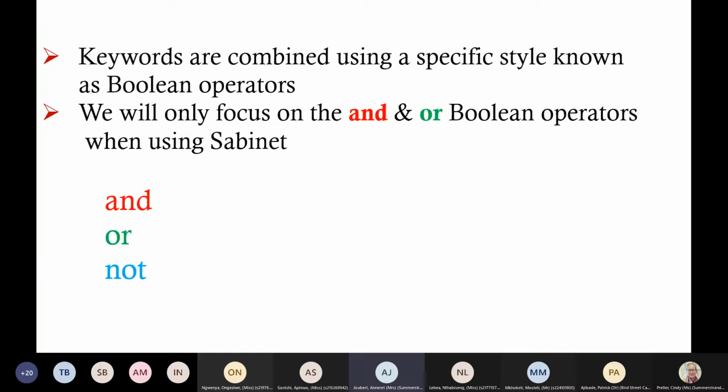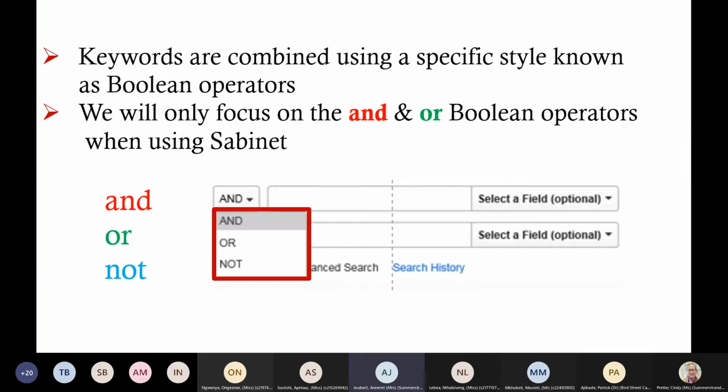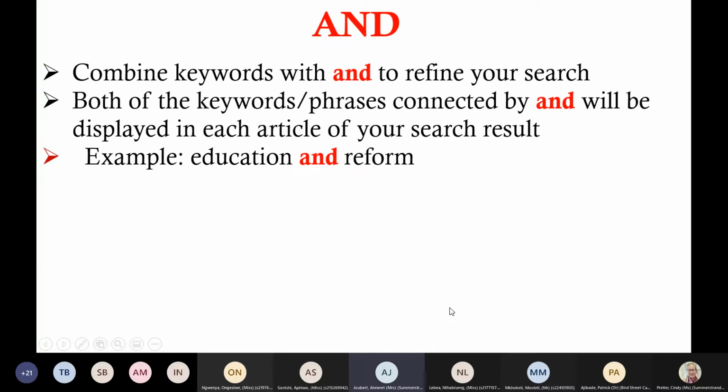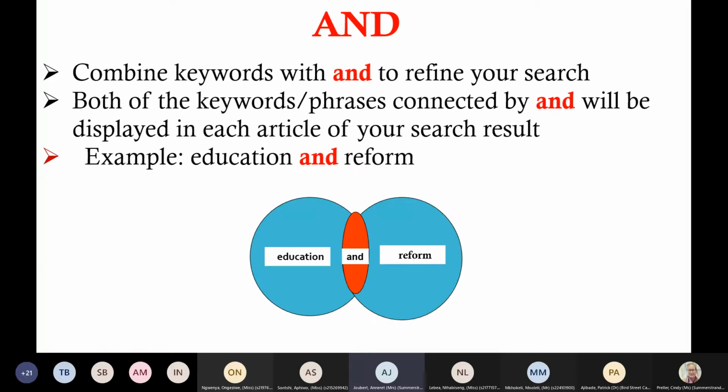So I will focus on AND and OR. This is a screenshot from EBSCOhost. We will see them if you click on the drop-down box, but you can just type them in any other search box. So if you use AND between two keywords, the results that you will find will have both the keywords in each and every result.